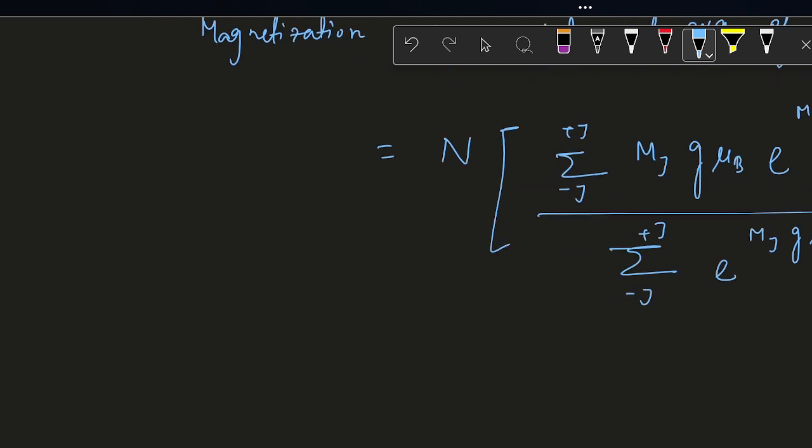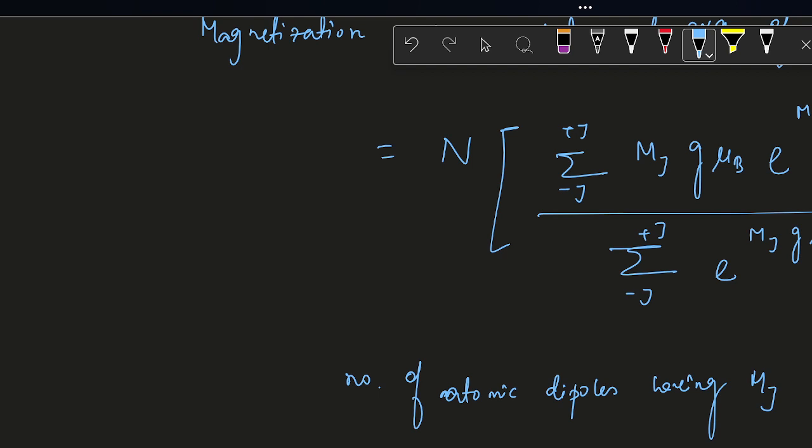Because this is a statistical average, why am I writing it down like this? Because the number of atomic dipoles having mj as a magnetic quantum number is proportional to this Boltzmann factor, e to the power minus, let's say, W by kT. You know that Boltzmann factors are represented like this. The probability or the number of something for a statistical quantity is often represented as a Boltzmann counting factor, e to the power minus W by kT.